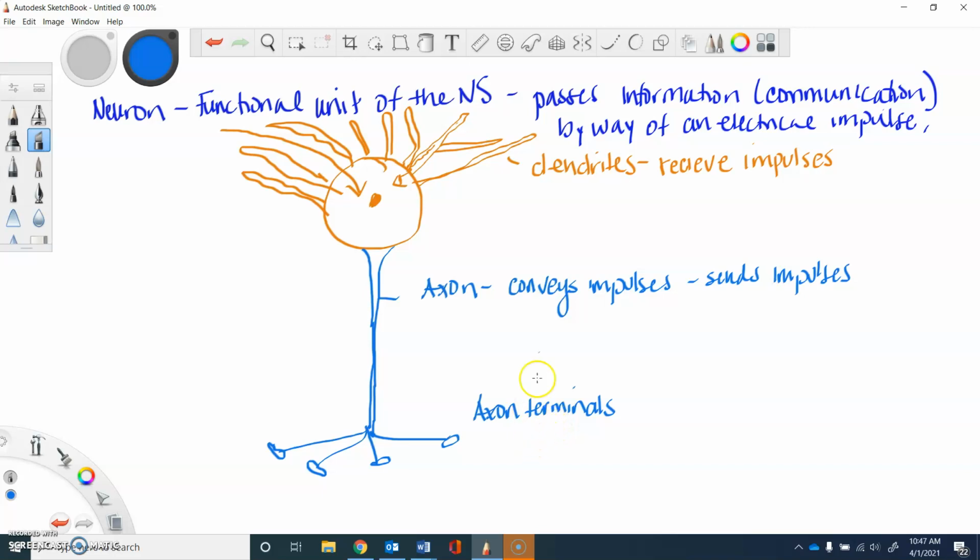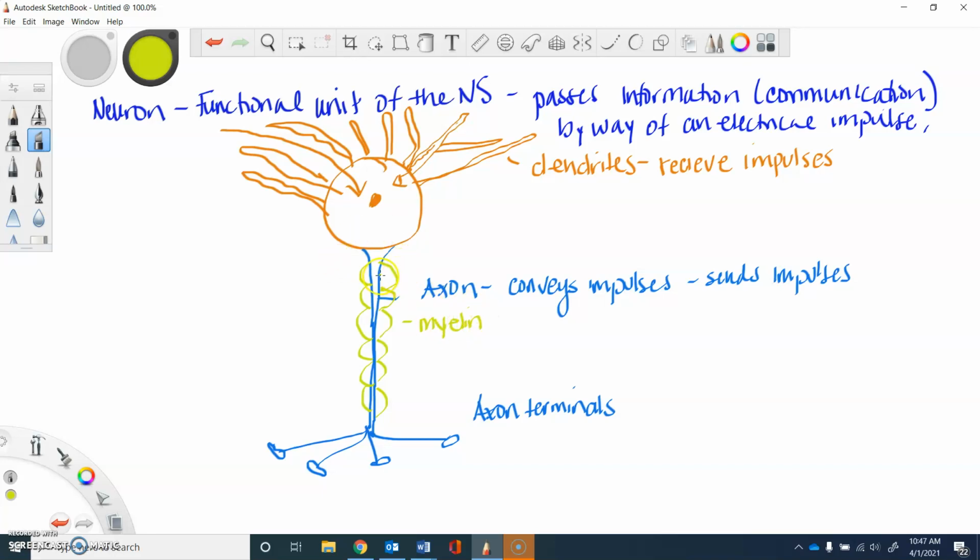The axon is generally covered, usually all the way down it, with a covering of a fatty substance called myelin.